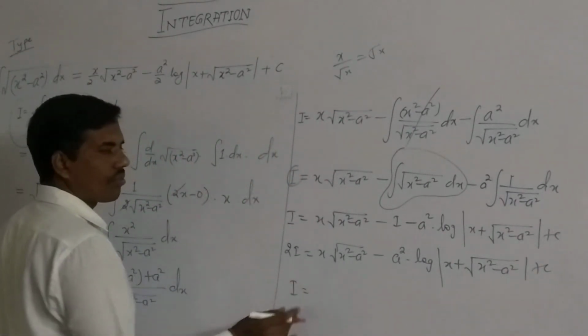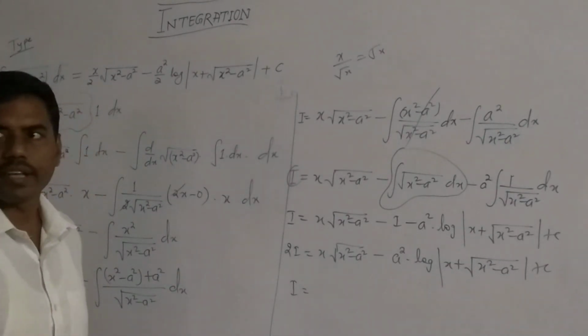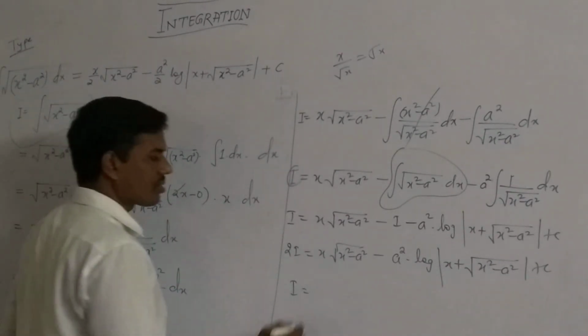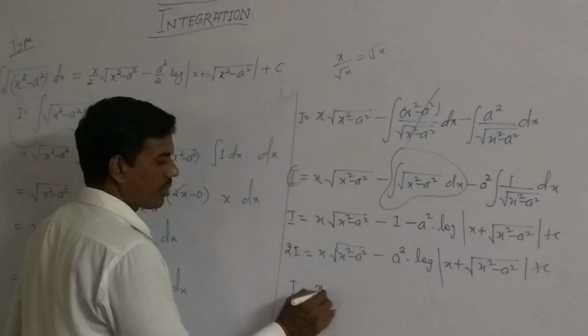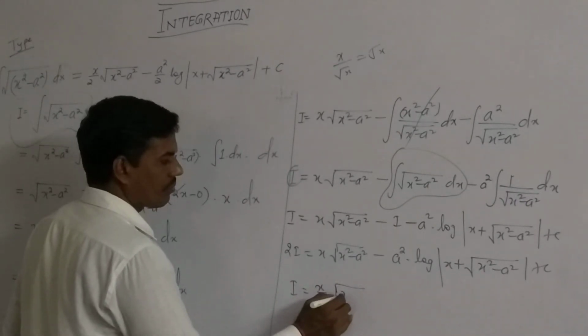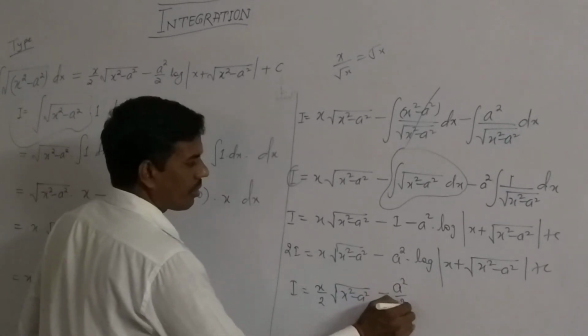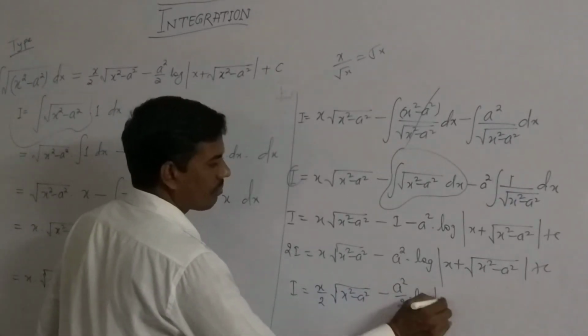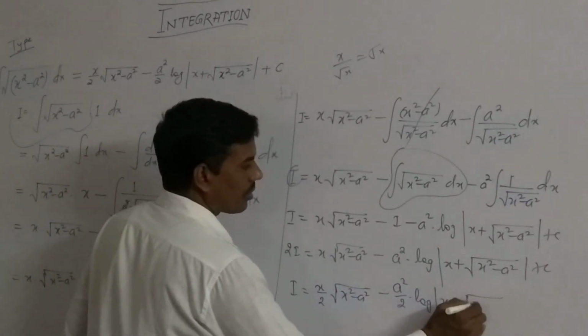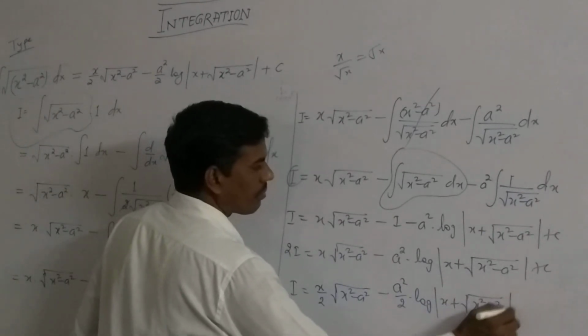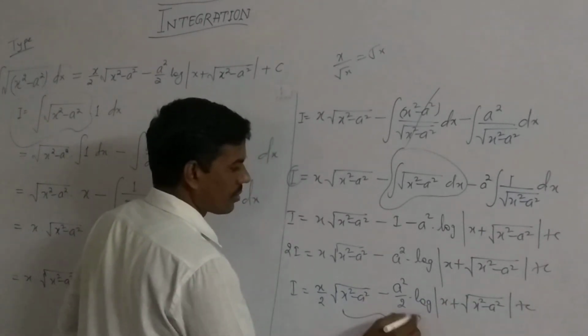So I, the integral of under root of x square minus a square dx, is equal to x by 2 under root of x square minus a square minus a square by 2 into log of mod of x plus under root of x square minus a square plus c.